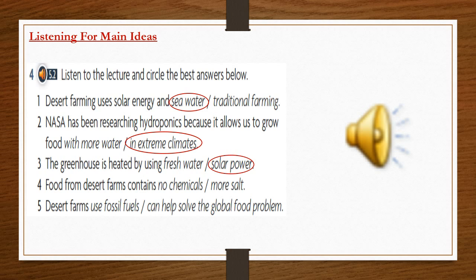NASA has been researching hydroponics because it allows us to grow food in extreme climates. The greenhouse is heated by using the solar power. Food from desert farms contains no chemicals. Desert farms can help solve the global food problem.